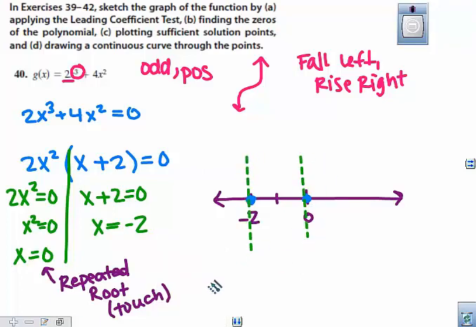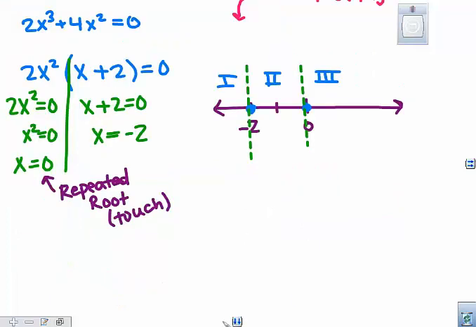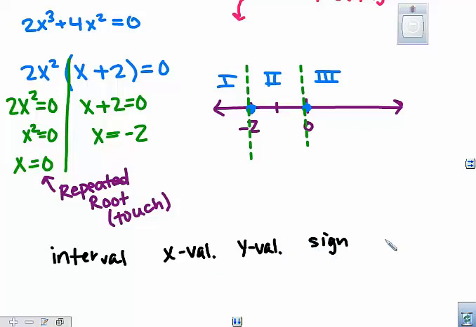So your chart will have 3 sections. So interval 1, 2, and 3. So your chart will look like this. Don't forget, you'll have your x value, a y value, the sign, and the point.